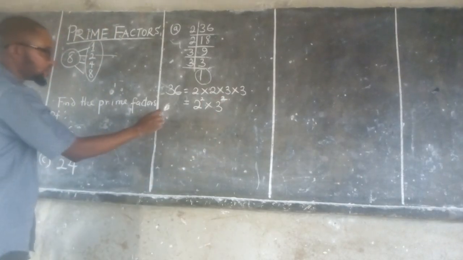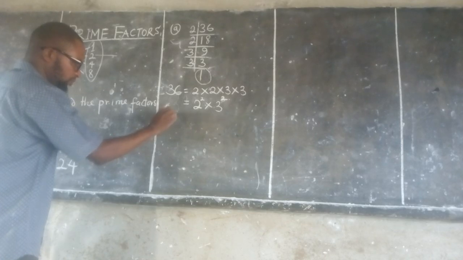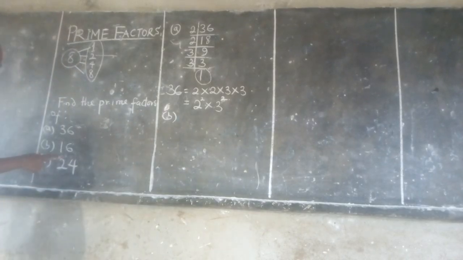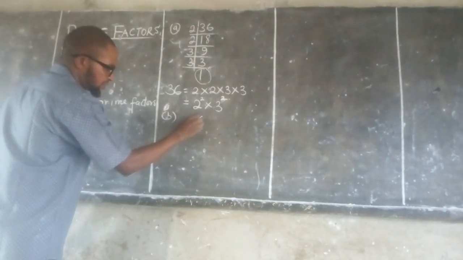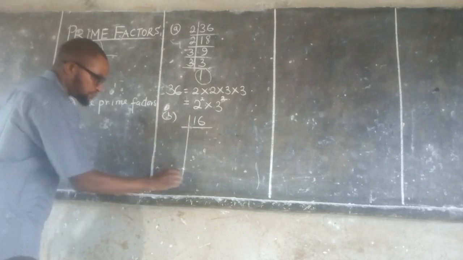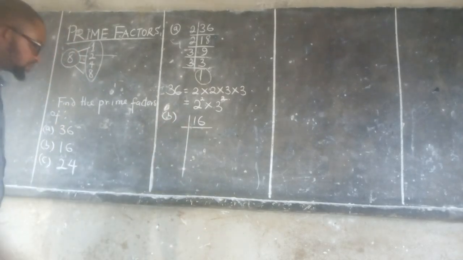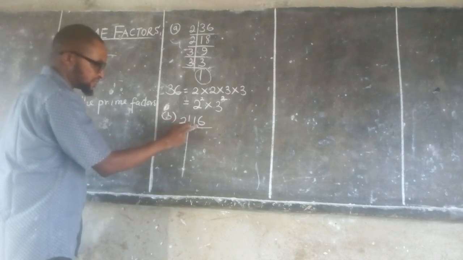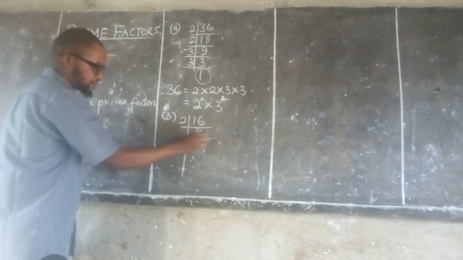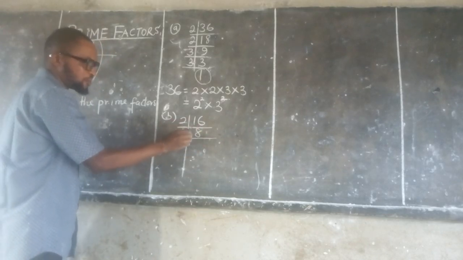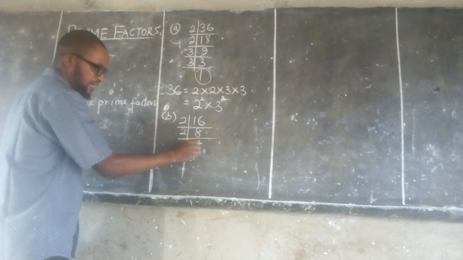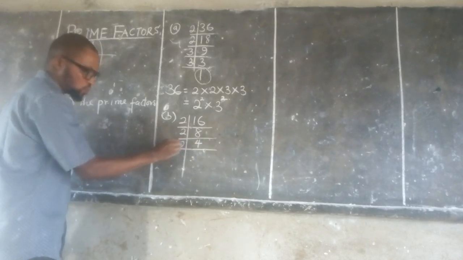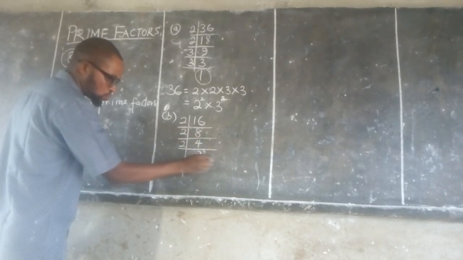Let's consider the second example. We have 16. I want to look for the prime factors of 16. So starting with 2, 2 in 16, that is 8. 2 as a prime number can still divide 8, and that gives 4. 2 can still divide 4, that gives 2.